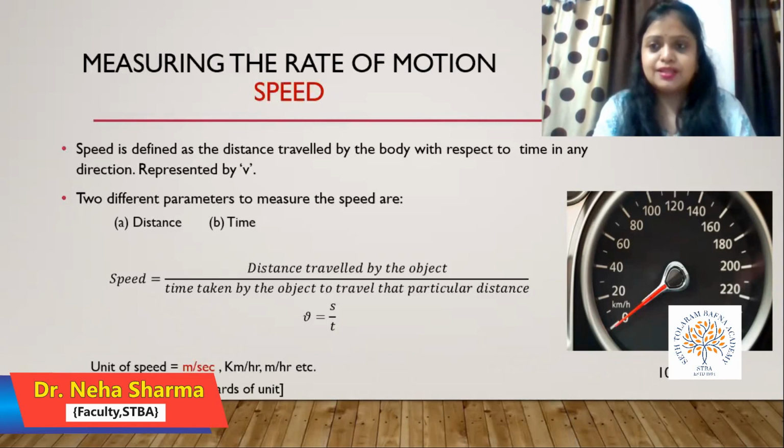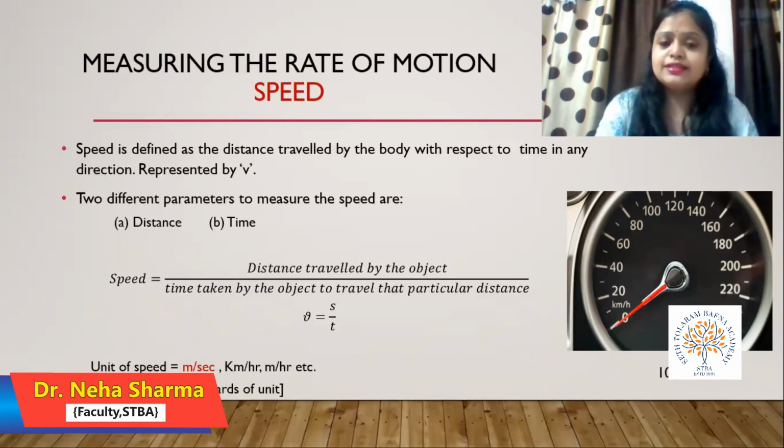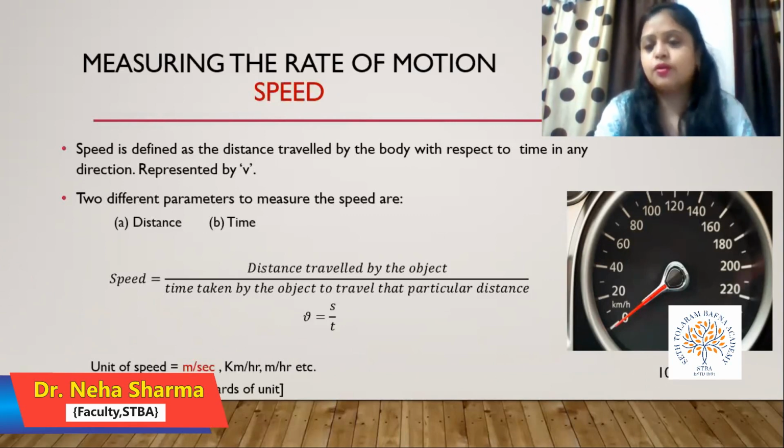Speed in physics is defined as the total distance traveled by a body with respect to time in any direction, and it is represented by small v. Mathematically, it is the distance traveled by the object divided by the time taken to travel that distance.